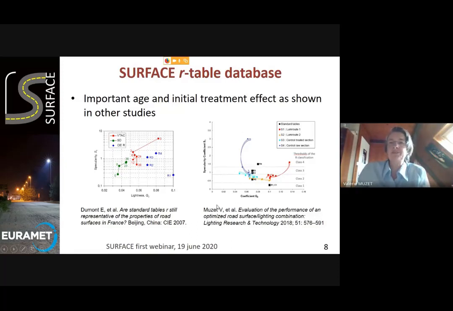But with treated pavements, which are in this study in light blue and orange, these pavements were initially treated, and you see that the initial specularity is not so important, and that the pavement becomes lighter with the effect of time and traffic.